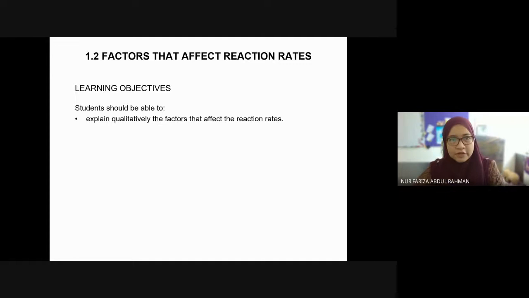Right, so moving on. Factors that affect reaction rates. We have one learning objective for this one. Make sure that you are able to explain qualitatively the factors that affect the reaction rates.